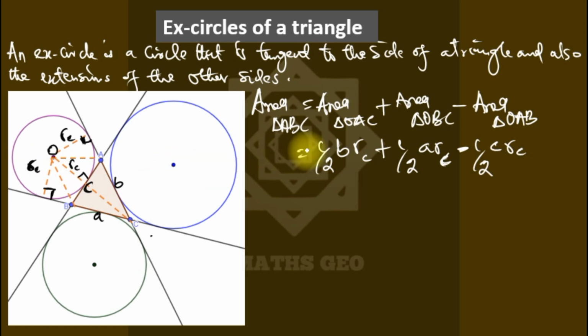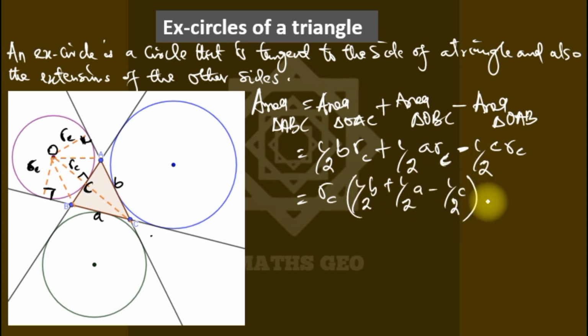So what do you notice? We can factor R subscript C. We now have half B plus half A minus half C, and we can write this as R subscript C times (B plus A minus C) over 2. We are still correct.